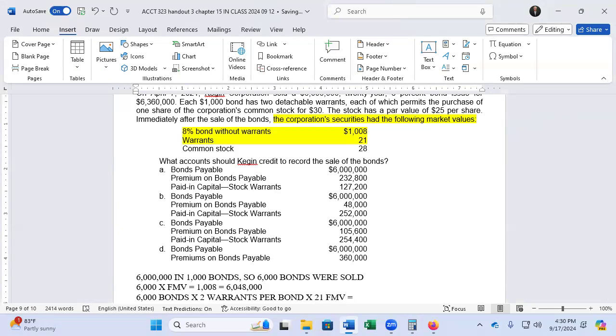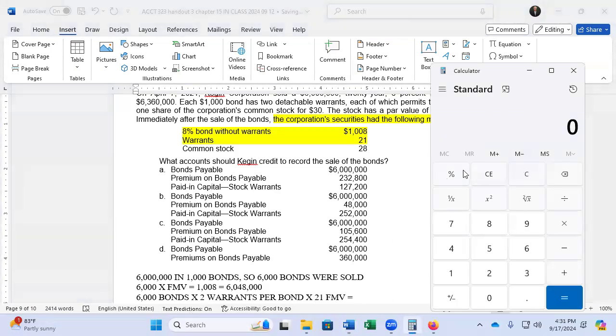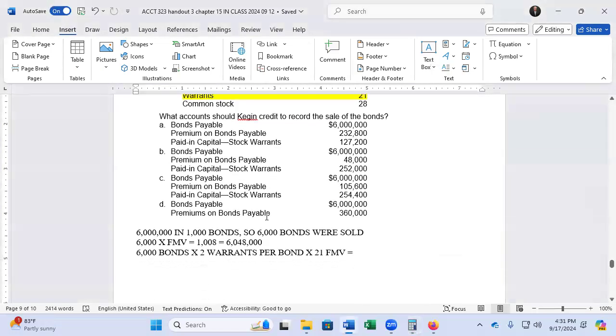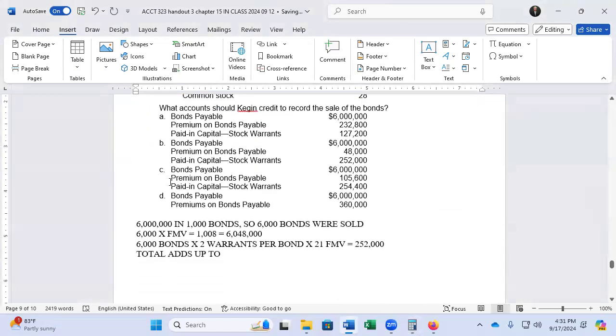That's equal to $252,000. So that total comes to the 6,360,000.